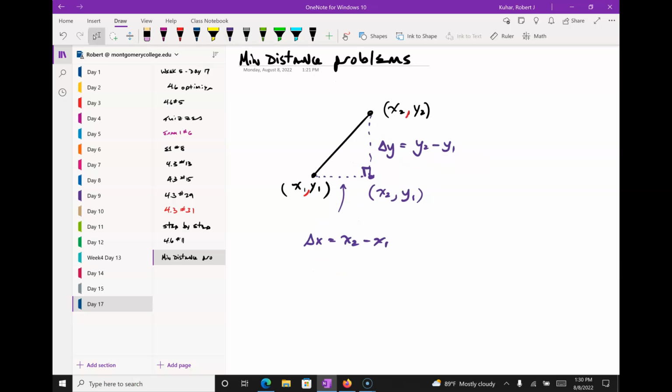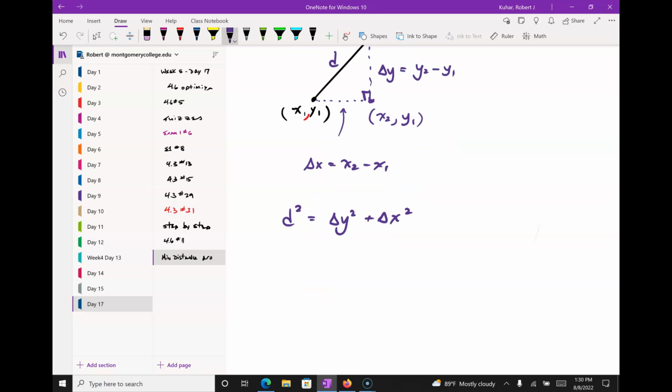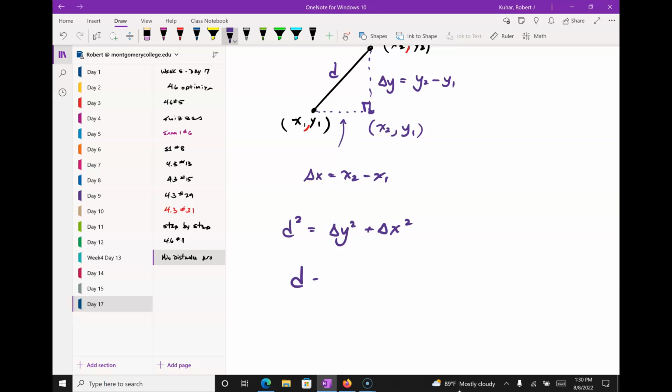And so then we know d squared is delta y squared plus delta x squared, or better yet, d is the square root of delta y squared plus delta x squared.